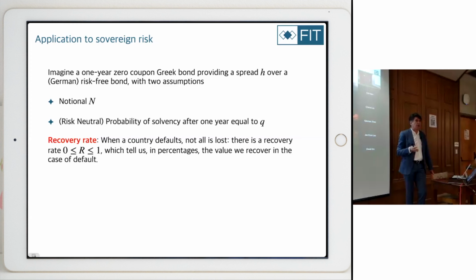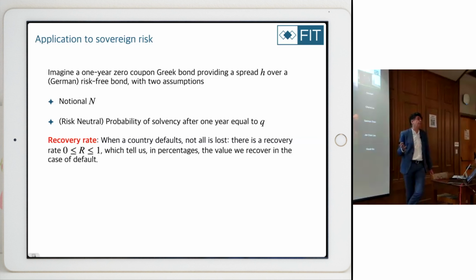Typically, bonds are secured, meaning that if you default, your creditors have access to all of your assets wherever they are. Right? Goodrich, I take all your tires, whatever they're worth, I take them as partial payment for what you owe me. Okay. So when there is a default, typically there's a recovery rate.